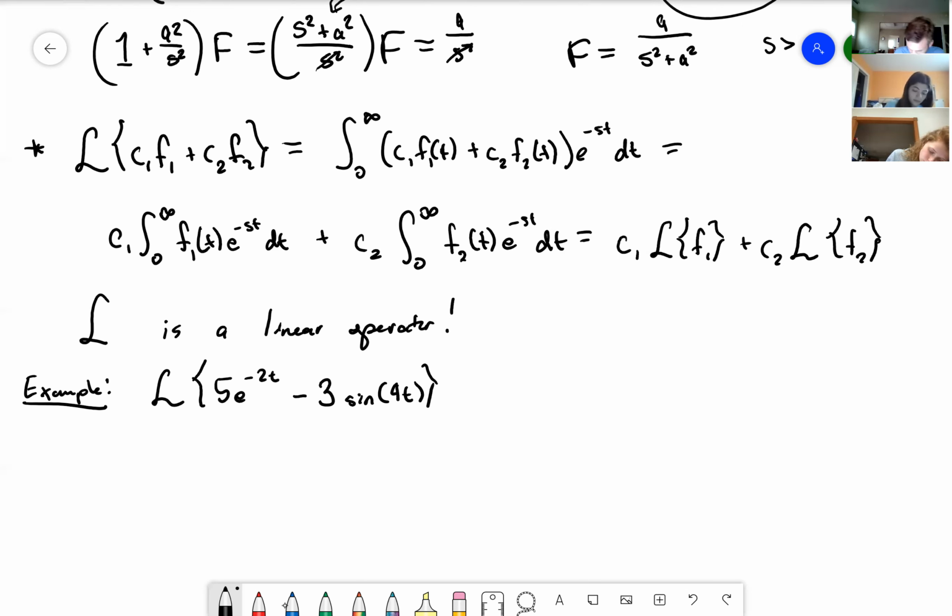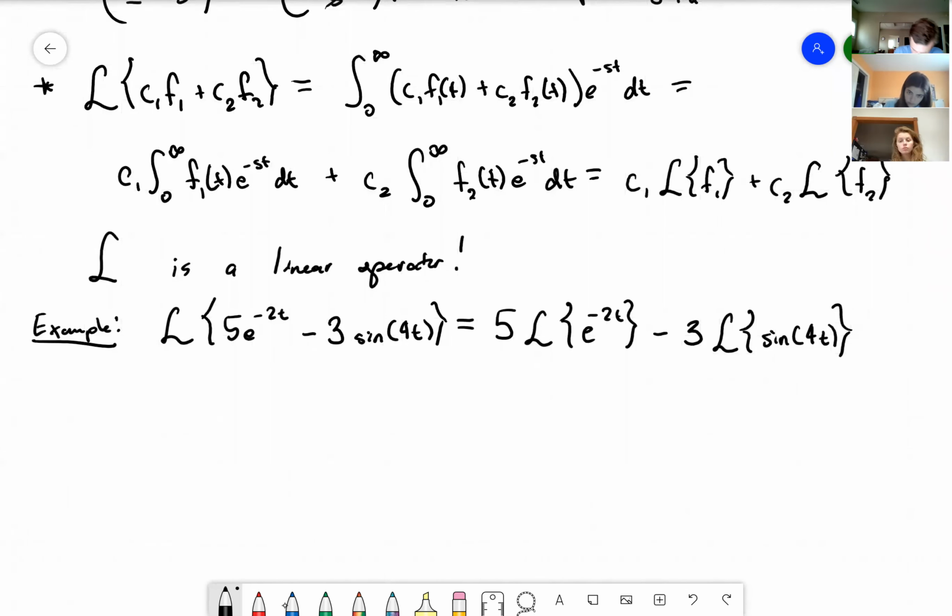Okay. Now we can rewrite this thing using linearity as 5 times the Laplace transform of e to the minus 2t minus 3 times the Laplace transform of sine of 4t.